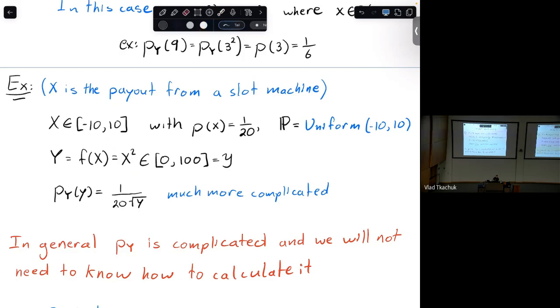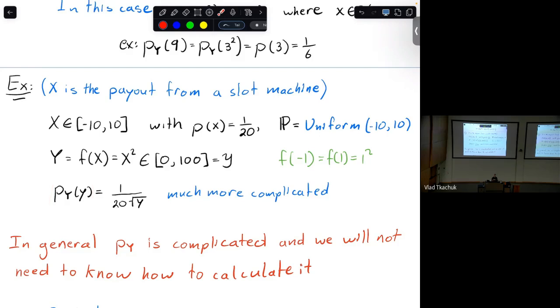But notice that f of -1 is equal to f of 1, which is equal to 1 squared. So they both give you the same value. And so calculating the corresponding PMF for Y becomes a lot more complicated.